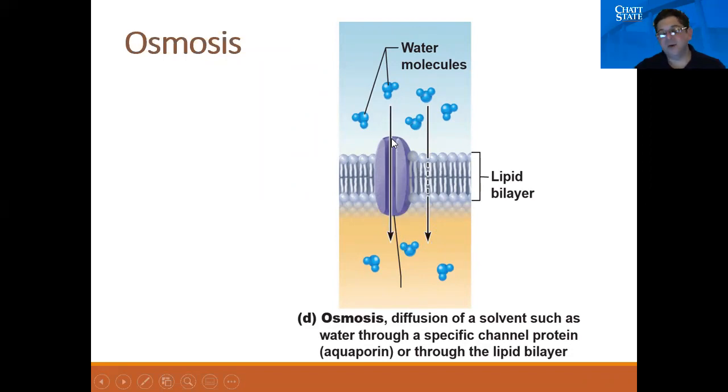So you might see a question. Here's another one of those crazy examples. You might see an example saying, can water move through the cell membrane with simple diffusion? And the answer is yes, it does, but it's accidental. The main passage of water has to be through the aquaporin using osmosis.